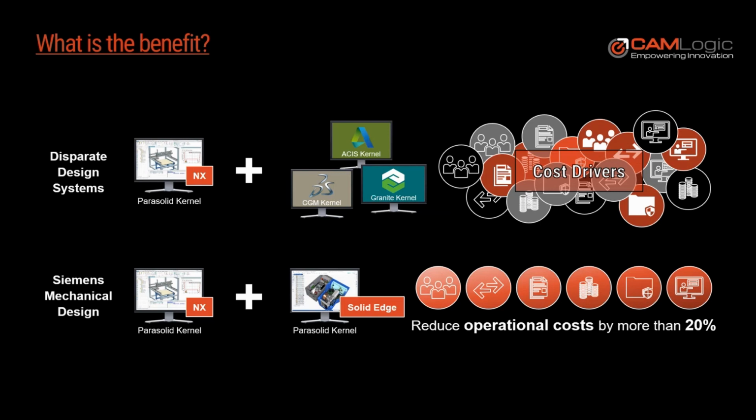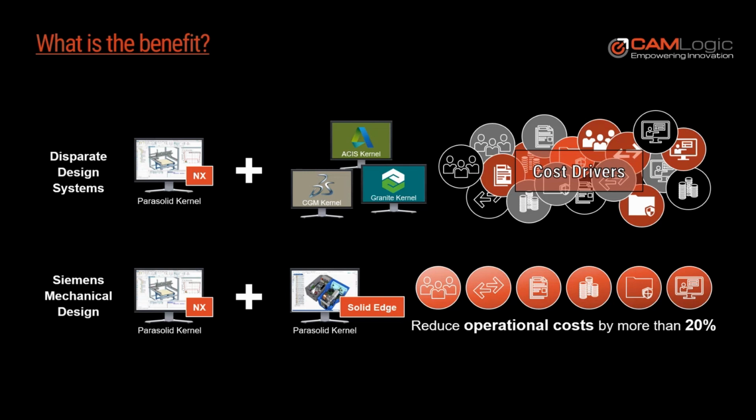So the benefit of that is a few different things. It's been shown that it's better to keep your data in a single kernel. So in this example, NX and Solid Edge both use Parasolid, and it also allows data between them to be shared easily.